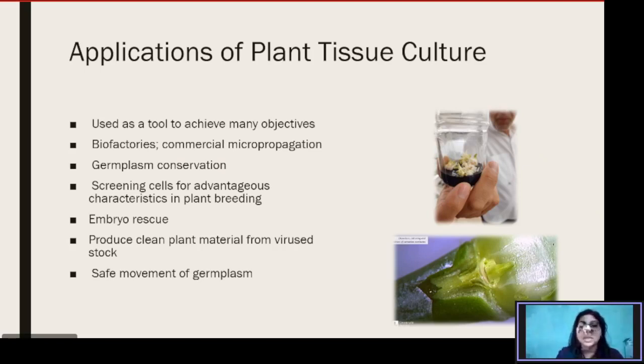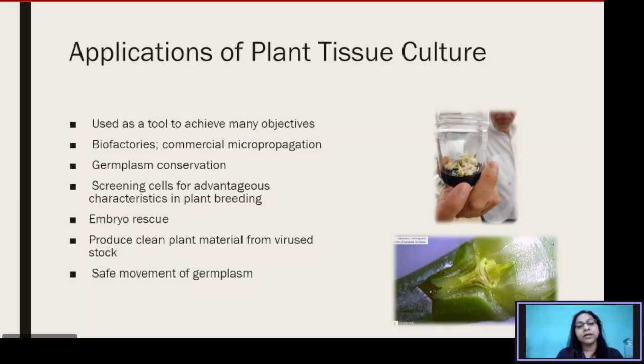Embryo rescue is another application of plant tissue culture whereby immature or weak embryos are made into a viable plant by controlling the conditions. It's also used to produce clean planting material from virus stock.